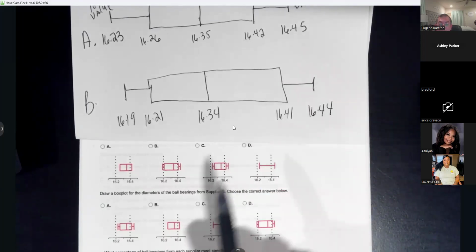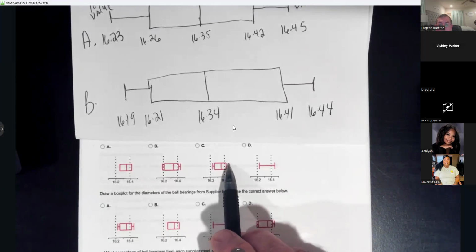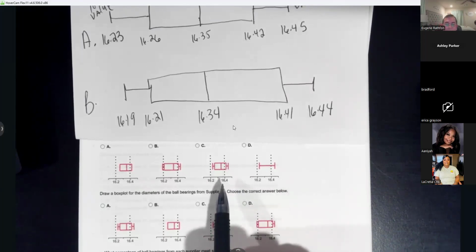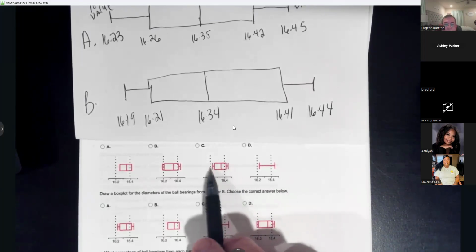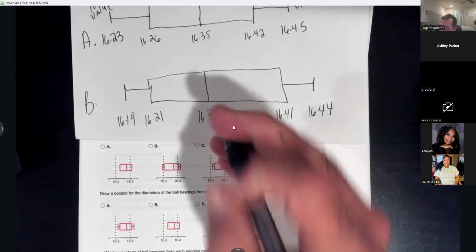My high value was 16.45, so this side is going past 16.4, so that'd probably be around 45. So y'all, we got to go with C on this one because it's the only one that's got the low value right and the upper value right.